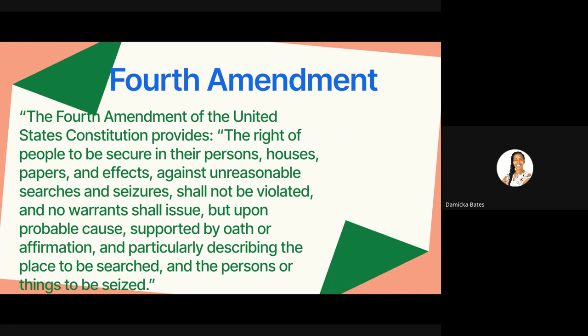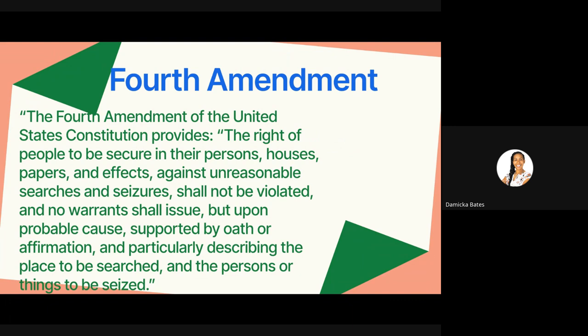The question that many of us face in schools today is this concept of search and seizure. And do students even have the right to privacy at school? Oftentimes there are many constitutional rights that apply to everyone, regardless of their age, race, gender.